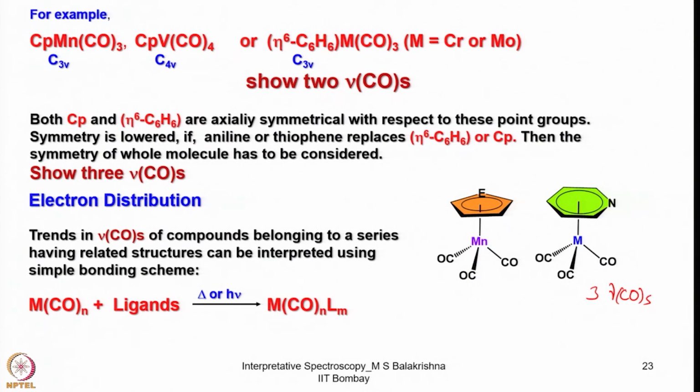If we shine UV light, or activate thermally, in the presence of ligands we can have a series of compounds of this formula. After making these compounds, if you subject them to infrared spectroscopy, that will give you some idea about the number of stretching frequencies present and also probably the local symmetry.